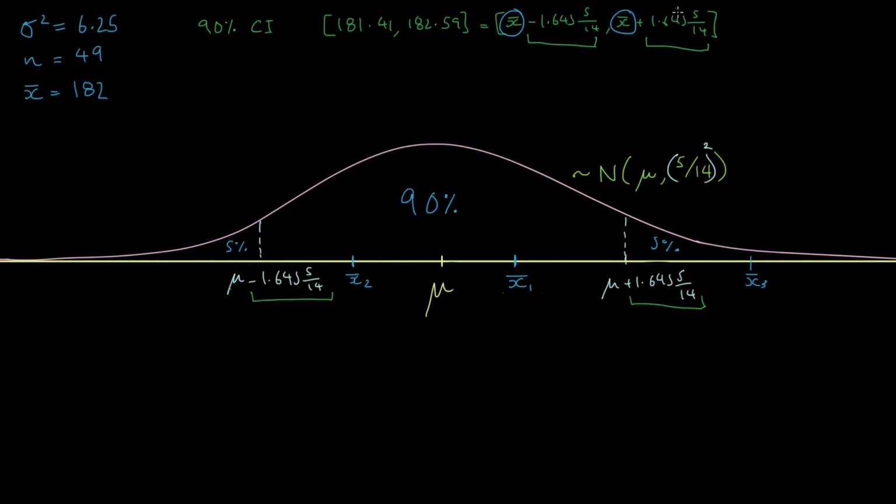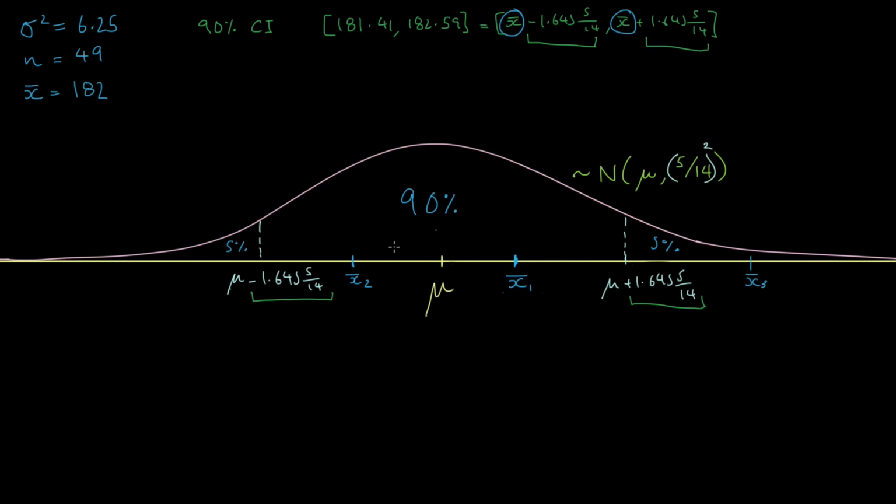Because these are the same length, we've got to figure out a criterion for when the confidence interval around a particular sample mean is going to contain the population mean. So let's look at x bar 1. And if we construct a 90% confidence interval around x bar 1, it's going to be the same length as this interval here. And so we can take this length and say, okay, the same size interval around x bar 1 is going to go from here to here. And that does contain our population mean mu.